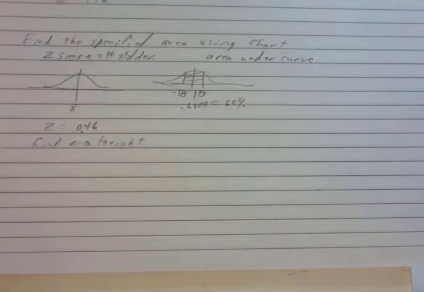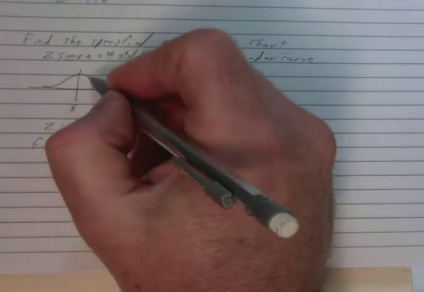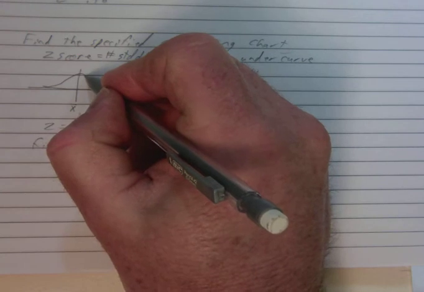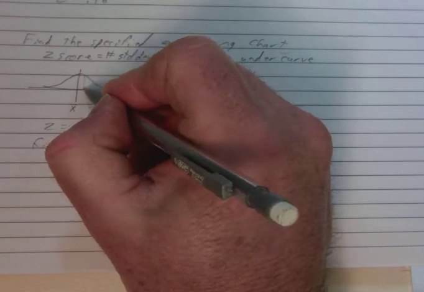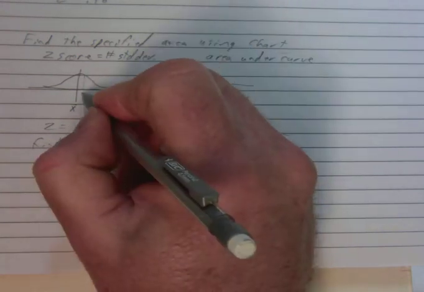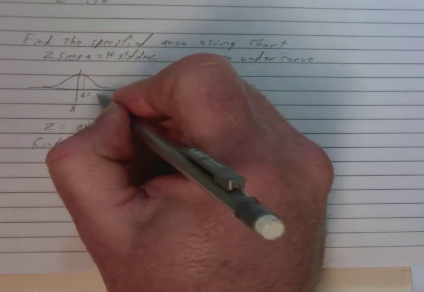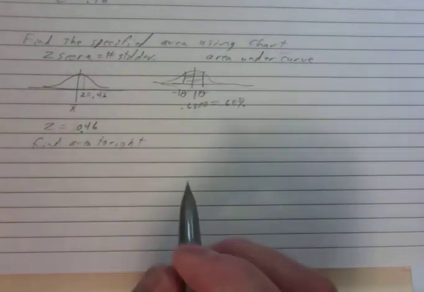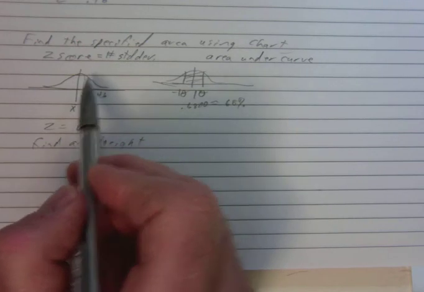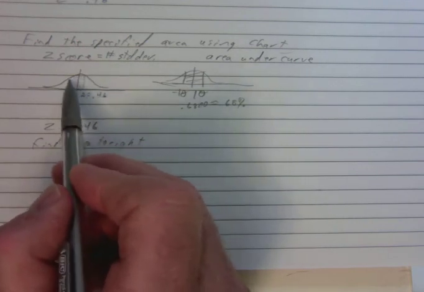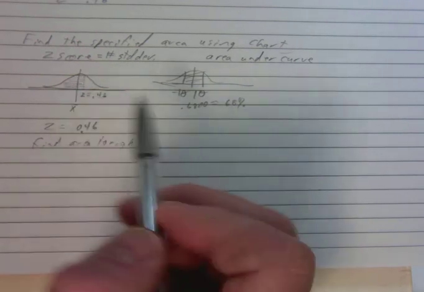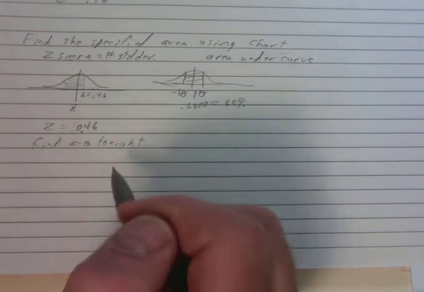Well, if I'm looking at z is 0.46, that's going to be about a half a standard deviation, and it is to the positive side. So that's going to be right there. So this is going to be my z equals 0.46. Now the table gives us the area to the left, which is over here. We need the area to the right according to the question.